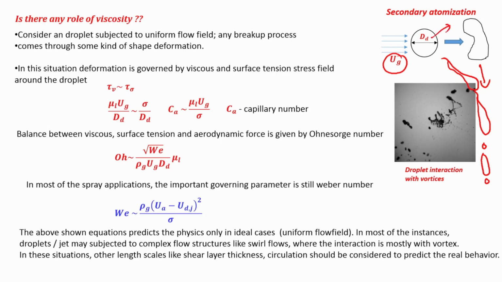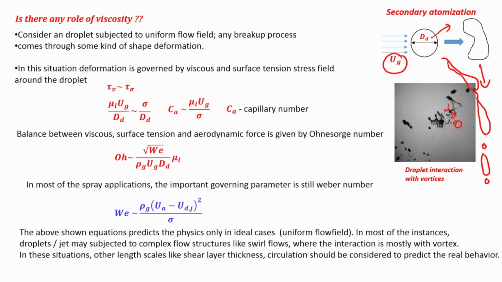There is a finite time that is required, it may be a very short time, but that time is actually required. If you look at this cartoon over here, this will also tell you the same story, that there is a lot of stretching that happens. Then from the end points the droplet starts to be ejected.